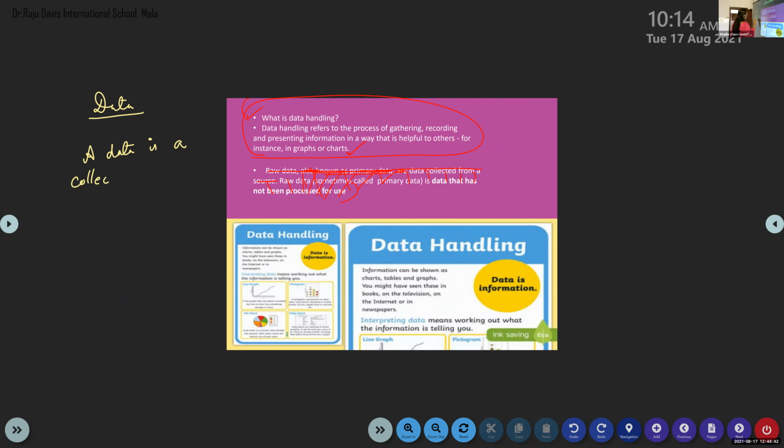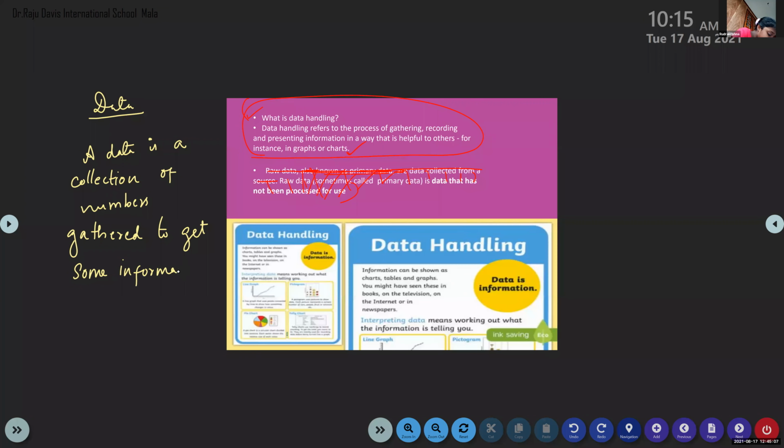Data is a collection of numbers gathered to get some information. So, this is important. I will give the definition properly. Data handling you wrote, no?